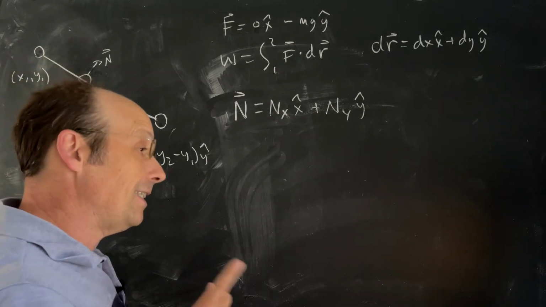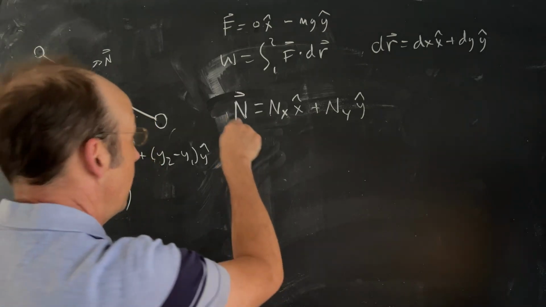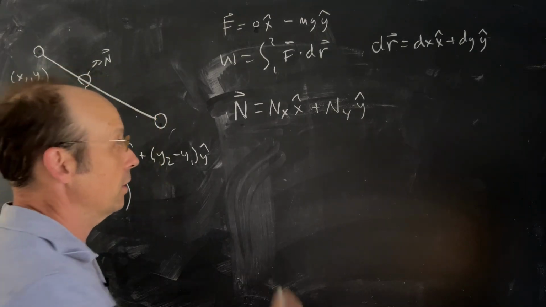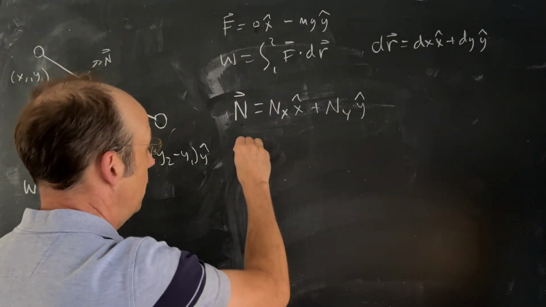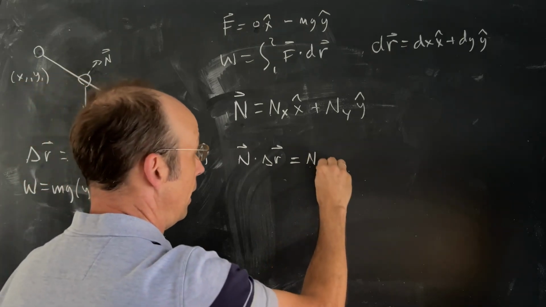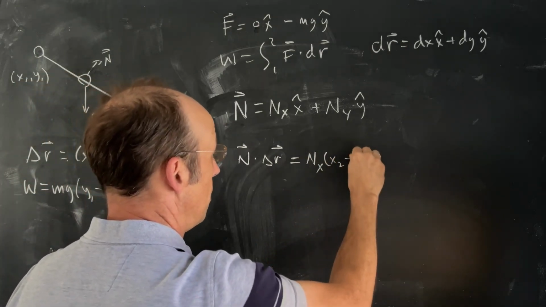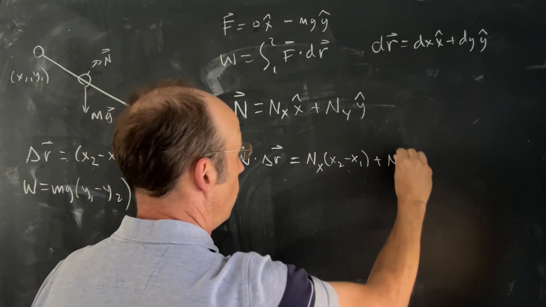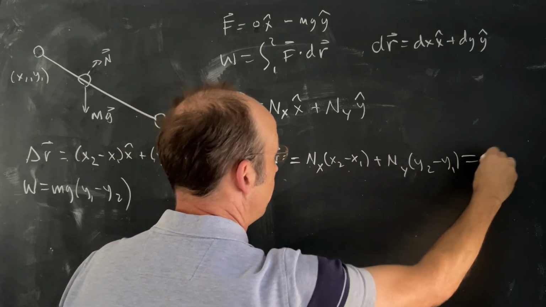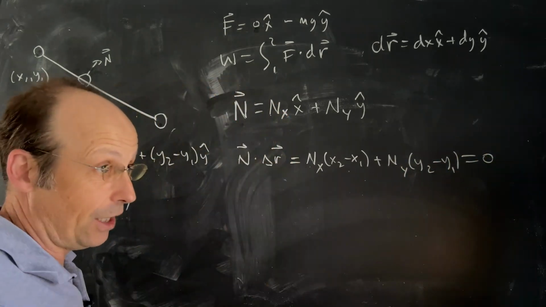So if I say N dot delta r has to be 0, I can find that. Let's just say N dot delta r, because they have to be perpendicular. It's going to be Nx times (x2 minus x1) plus Ny times (y2 minus y1), and I'm going to set that equal to 0.